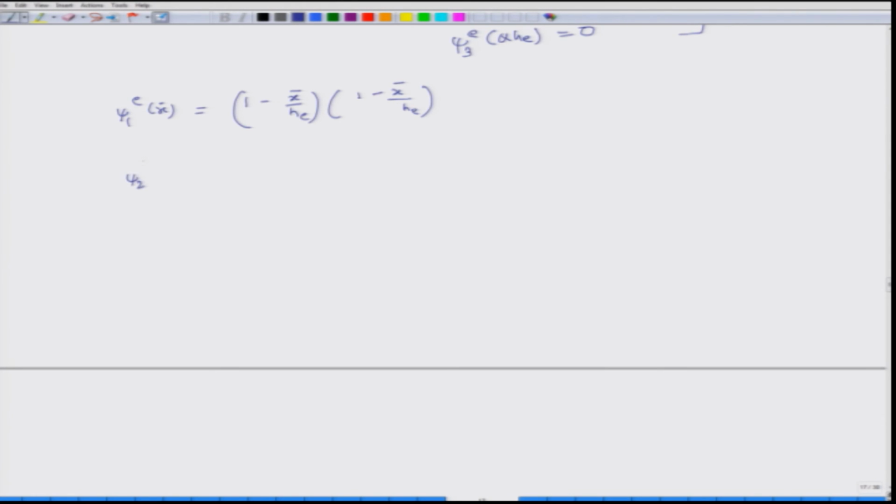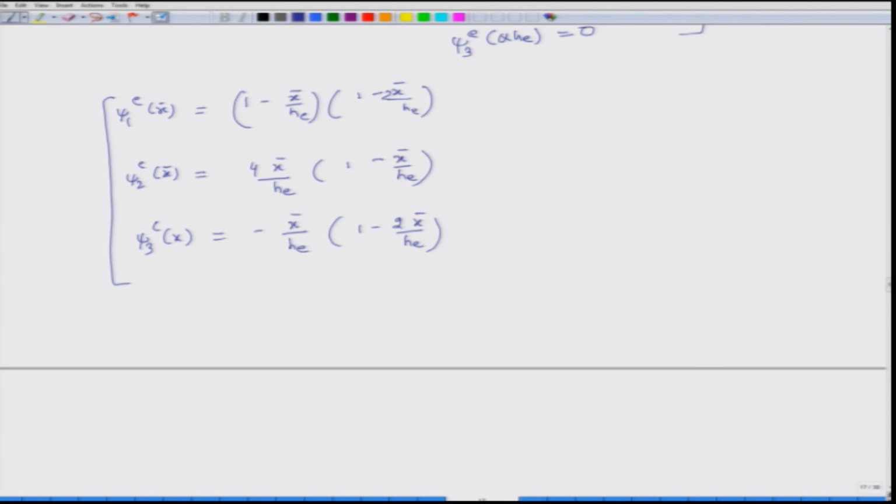Psi 2^e of x bar equals 4 times x bar over h^e times (1 minus x bar over h^e), and psi 3 is equal to minus x bar over h^e times (1 minus 2 x bar by h^e), and I think these relations are valid.